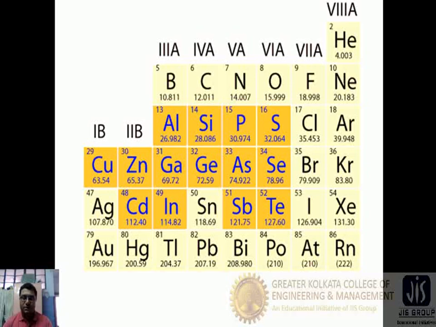These are a few semiconductor materials. Silicon and germanium are the major semiconductor materials, and gallium, aluminum, indium, phosphorus, arsenic, antimony are also used as semiconductor materials. We'll discuss one by one.